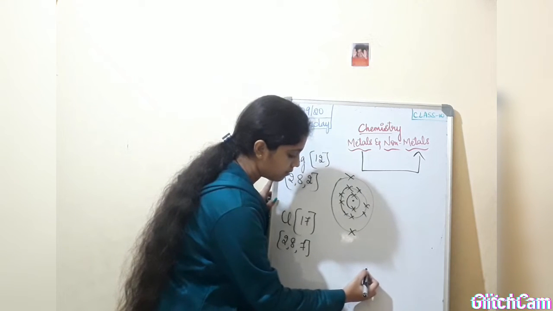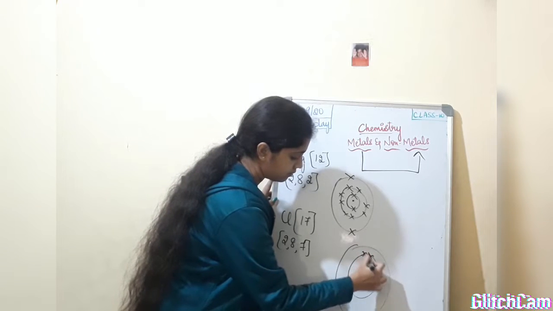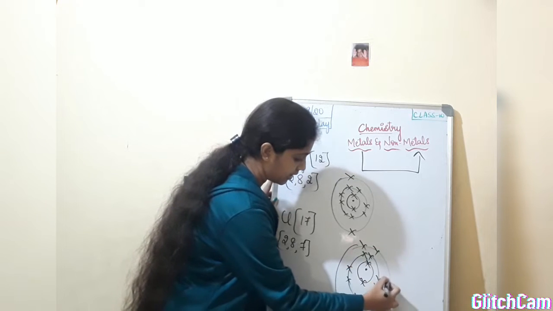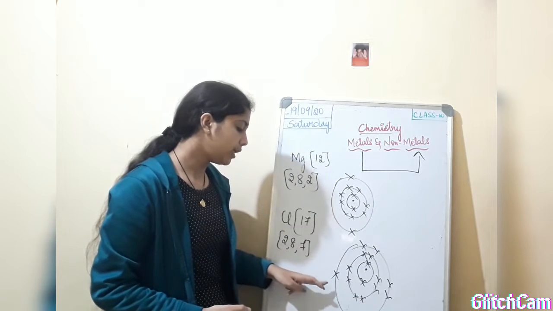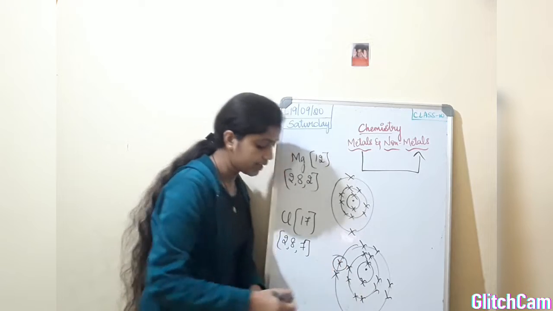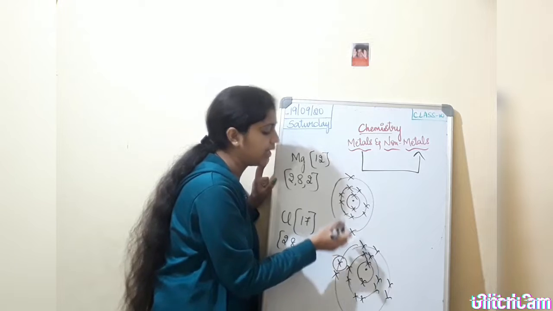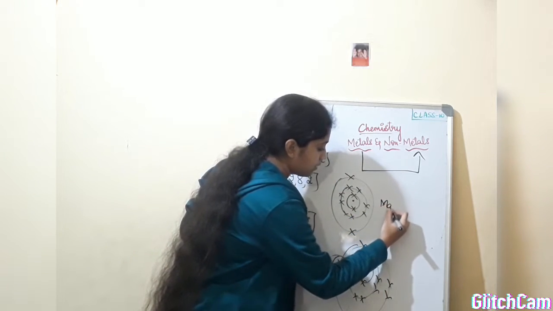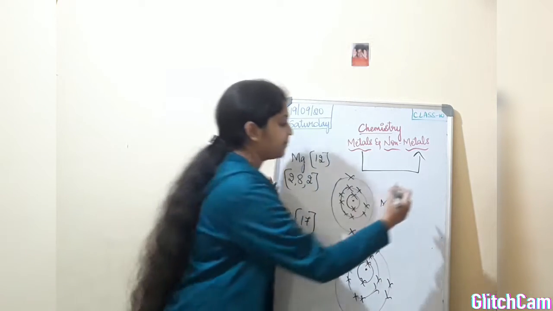So now, 2 electrons in the K shell, 8 electrons in the L shell and 7 electrons in the outermost shell. Chlorine requires one more electron to become stable. But magnesium has 2 extra electrons which it has to donate.